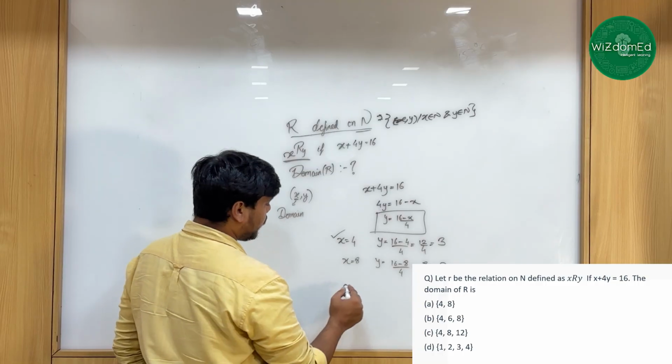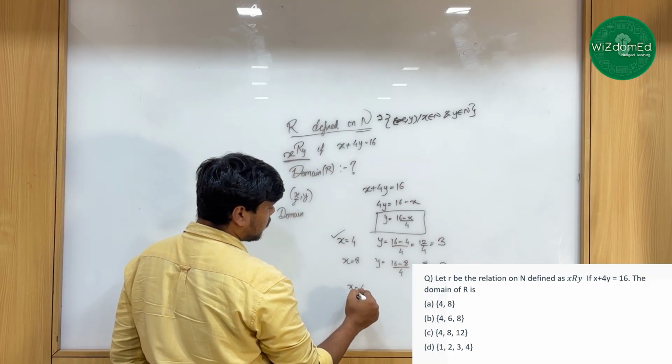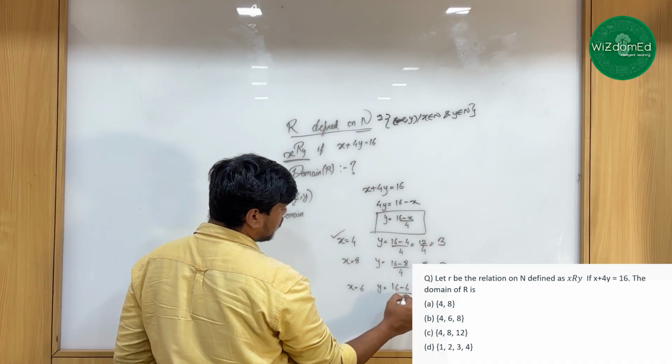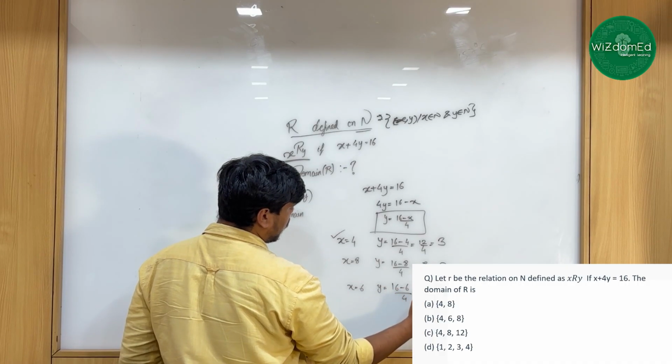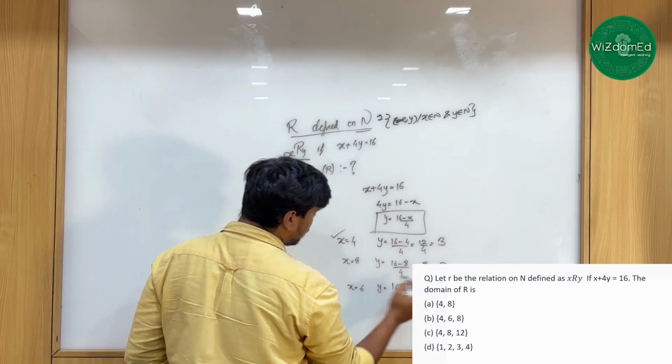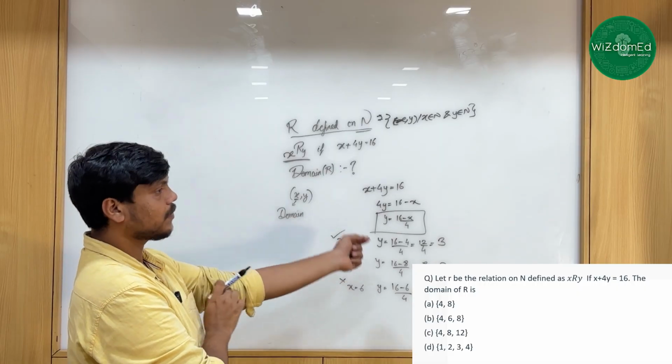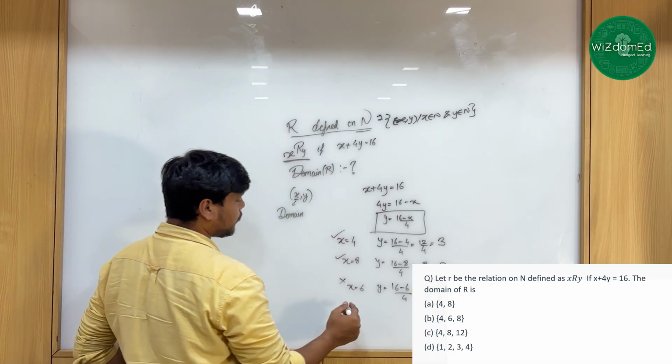The next value that we have to take is x is equal to 6. If I keep the value of 6, then I'll get 16 minus 6 by 4, which is 10 by 4, which does not belong to natural numbers. So 6 is not a value I can take in my domain. The next value that I have is 12.